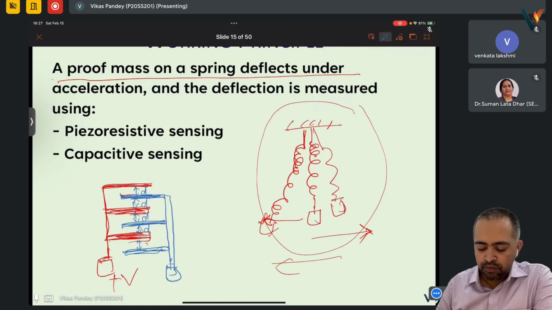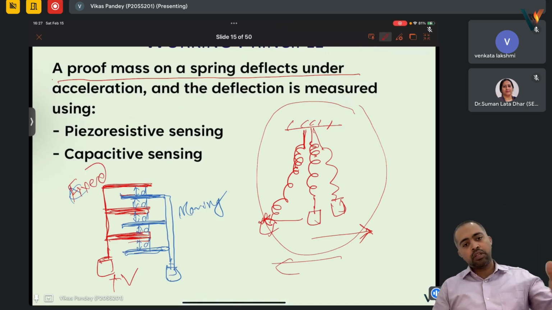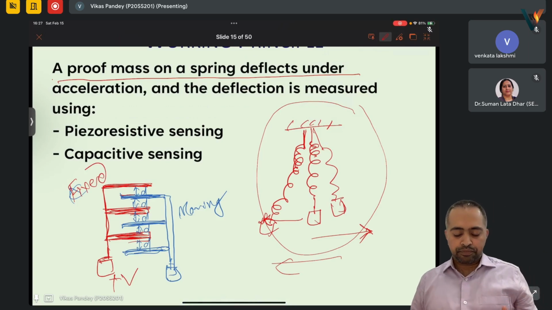Okay. Now when there is an acceleration, this is moving, and this comb is fixed. So the fixed part will remain fixed to the surface.